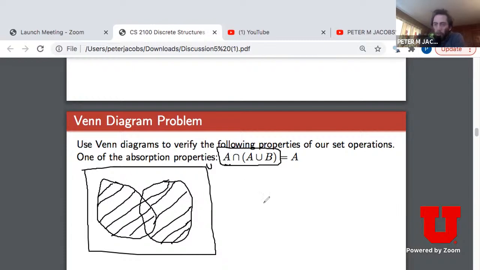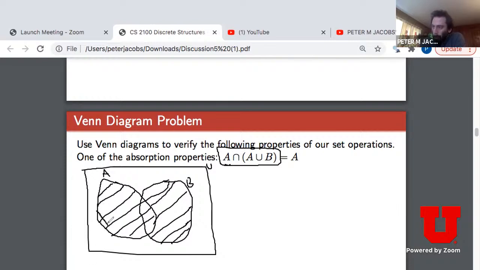So we also need to shade in A. Sorry, let's make this set A and this set B. So this circle is A, this circle is B. A intersection A union B is going to be where A intersects with A union B. We just shaded in what A union B is. So now we're going to shade in what A is. And where they overlap, that's going to be A intersection A union B.